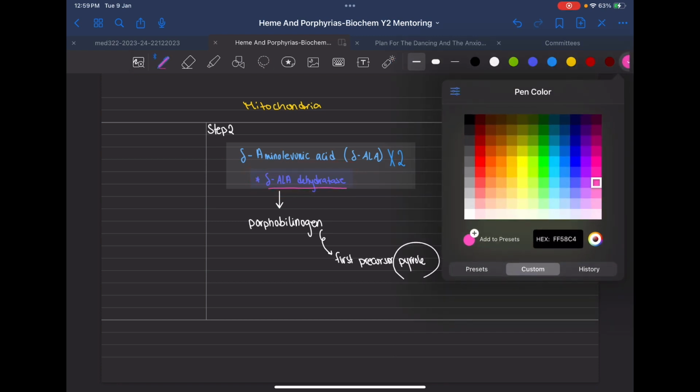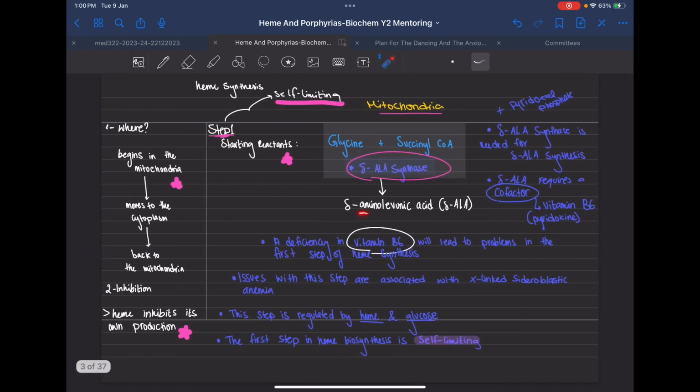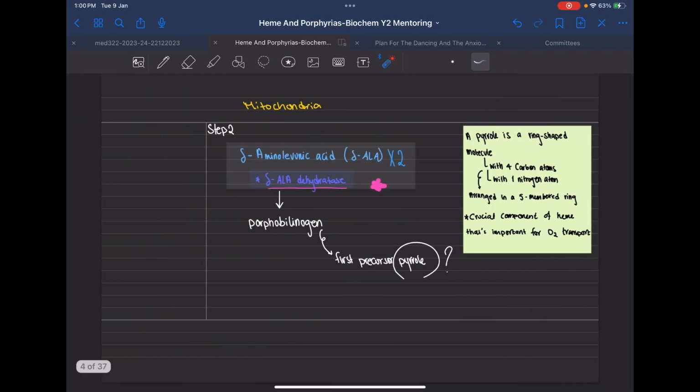I'm just going to put a star next to this. All right. So we got delta-aminolevulinate from our first step. 2 of the delta-aminolevulinic acid, in the presence of this enzyme, will give us porphobilinogen.